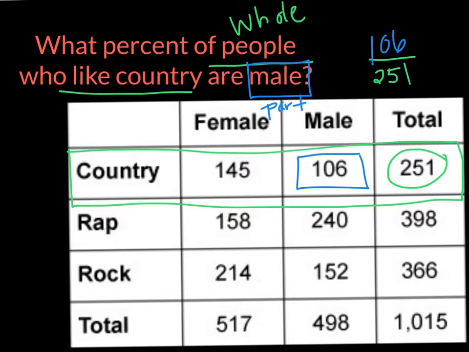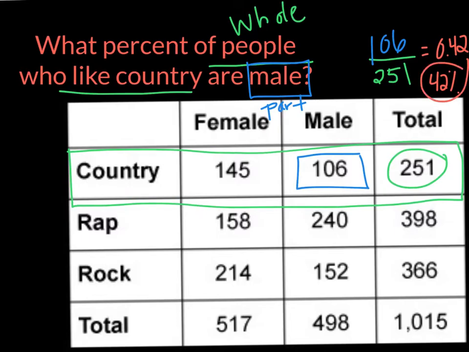So we're going to take our calculators and we're going to do 106 divided by 251. And so that gives us 0.42, which we multiply by 100 to get our final answer, which is 42%.